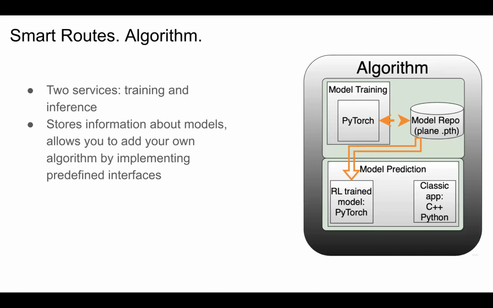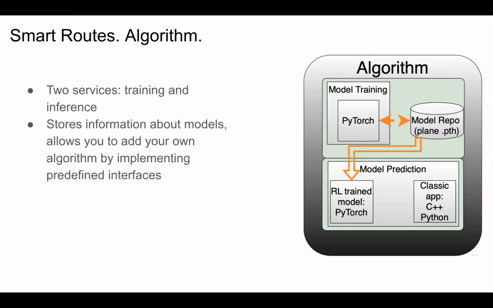So the algorithm module is divided into two parts: training and inference. Training, of course, relates to neural networks, while prediction, or inference, can use any type of algorithm.